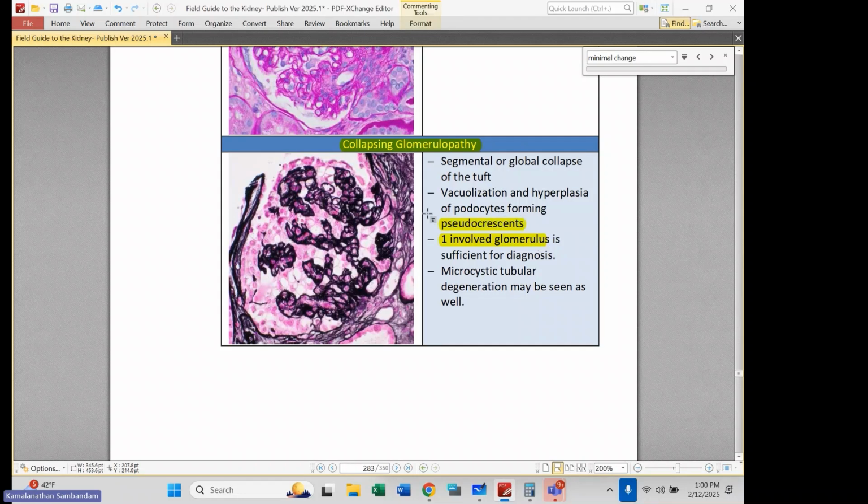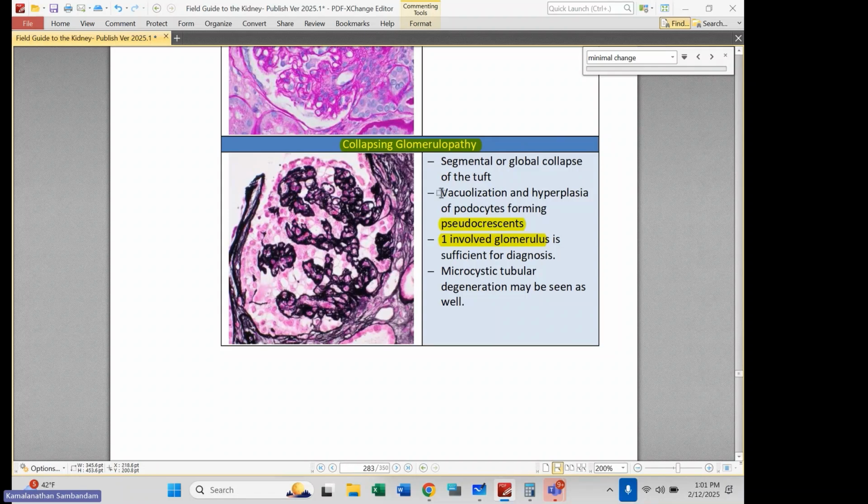Sometimes it's challenging distinguishing these from crescents, but just think of, is my cell proliferation from the inside out, and therefore there are these gaps between those proliferative cells and Bowman's capsule, or is it encroaching from the outside in? That would be a traditional ANCA crescent, okay?